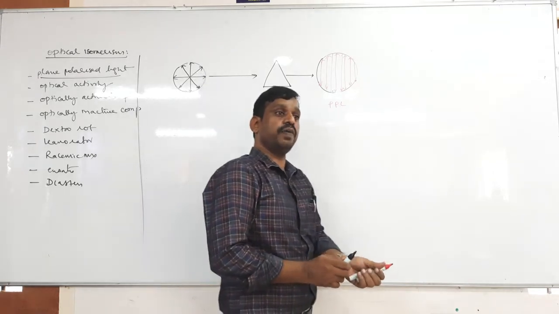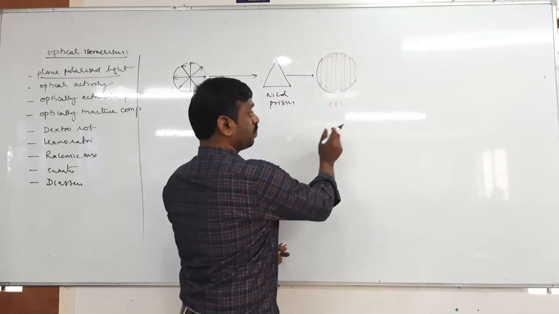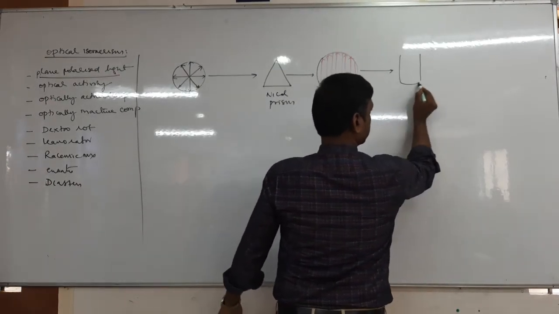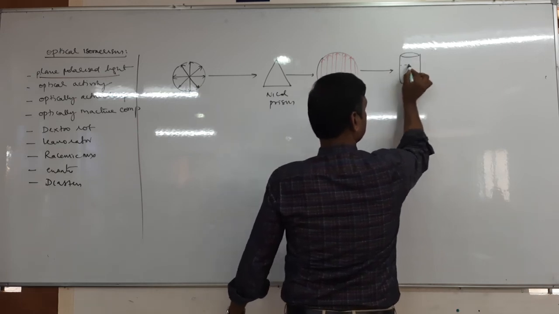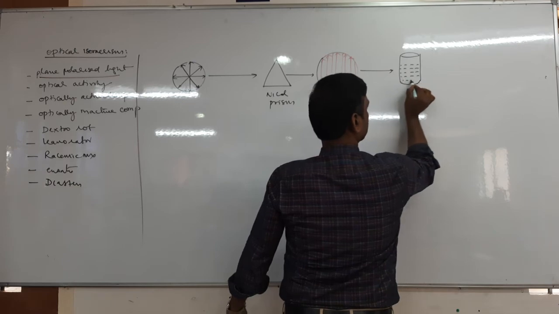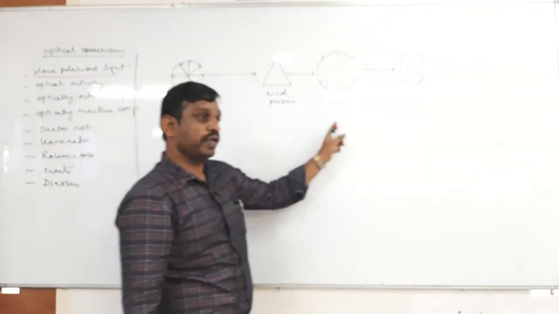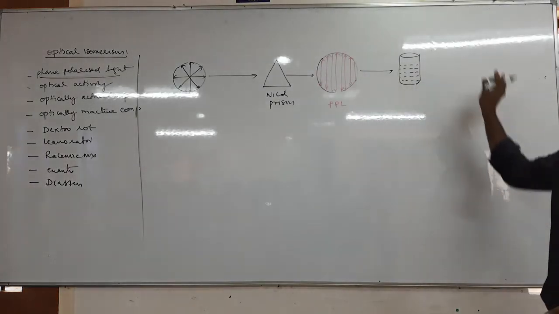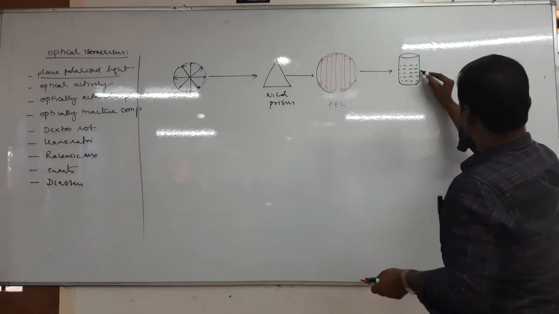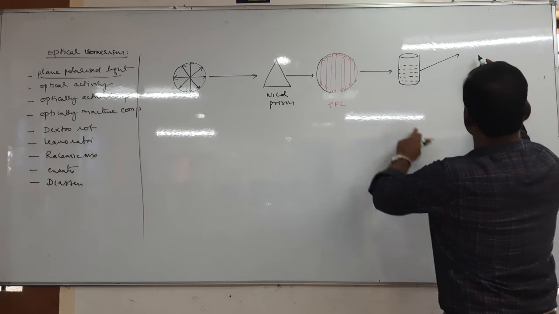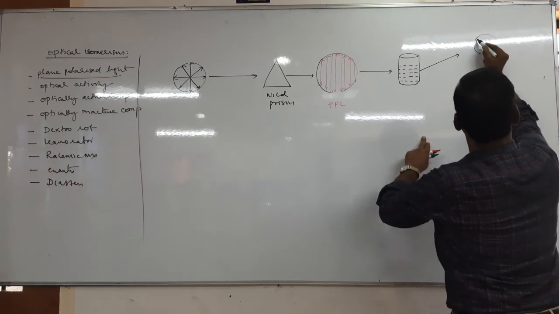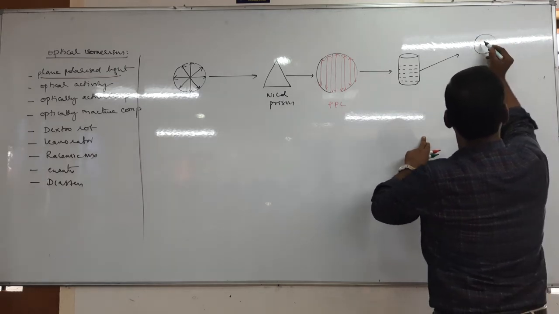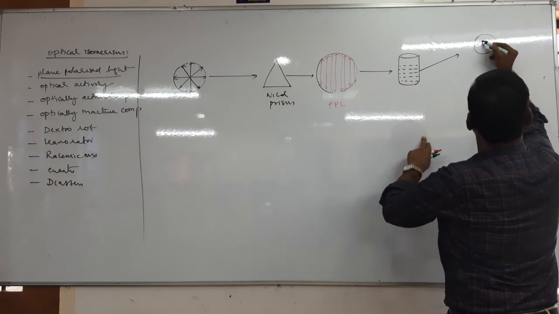Then what is the importance of plane polarized light? When this plane polarized light is passed through an organic compound which is optically active, say a test tube containing an optically active solution, this solution may rotate the PPL to the right side or to the left side. Suppose it rotates the vibration to the right side, it becomes like this.